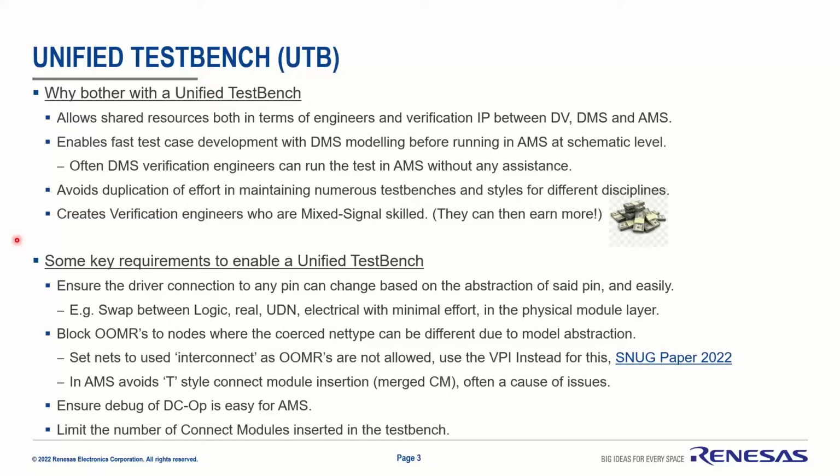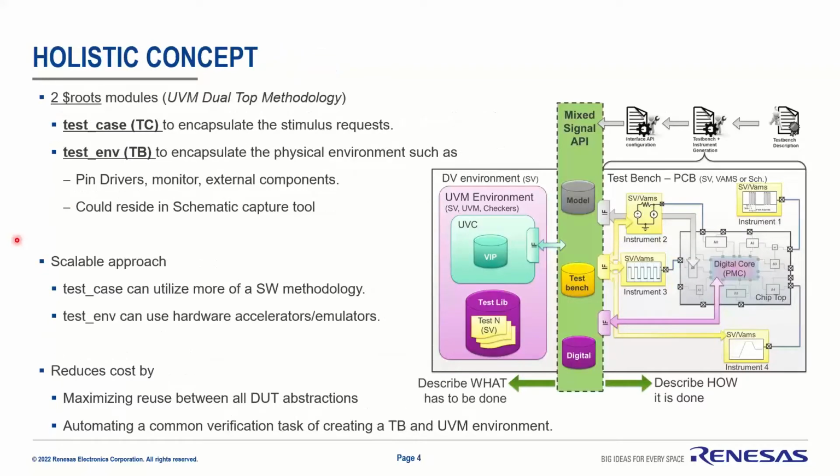That's from experience. The other one is you want to limit the number of connect modules inserted in the test bench. Connect modules cost simulation time. The more connect modules you have on the same net, the more problems you're likely to have. So it needs to be structured in a way that limits that number or optimizes it.